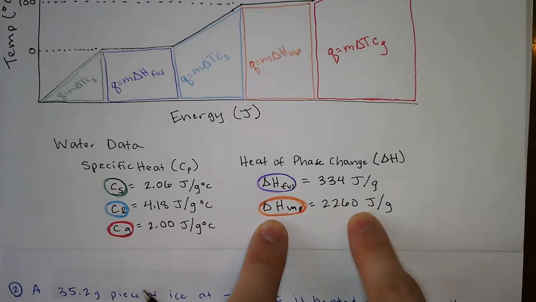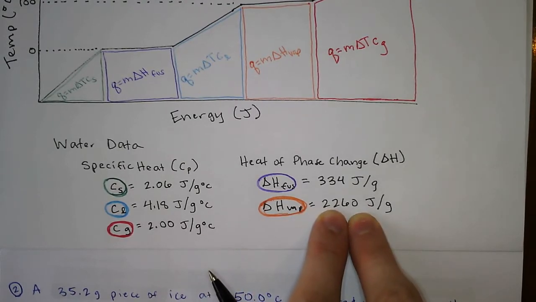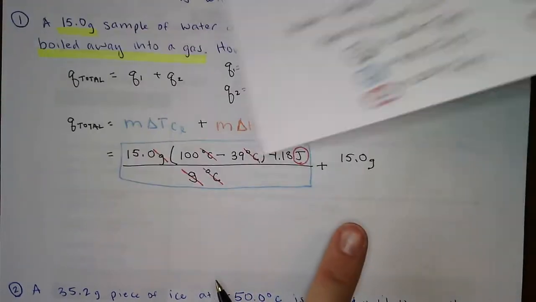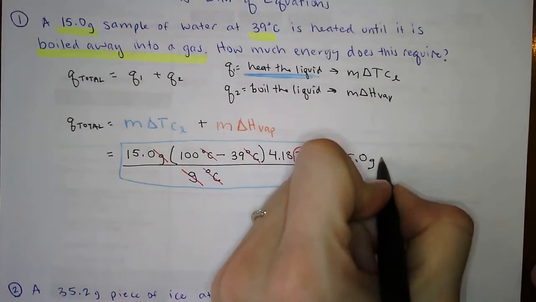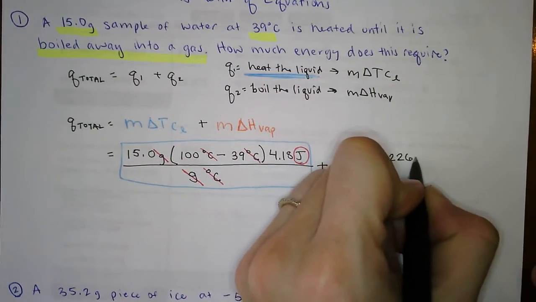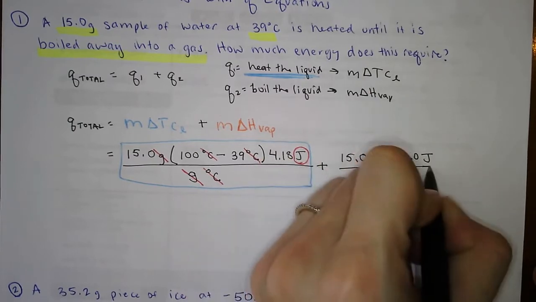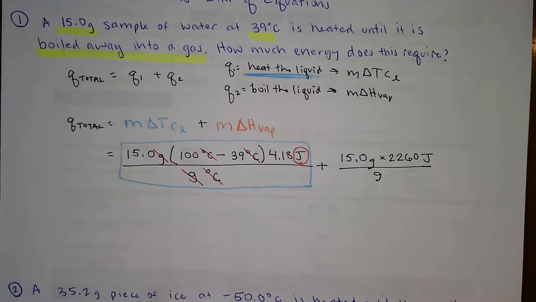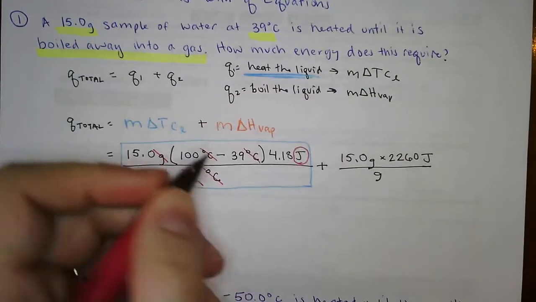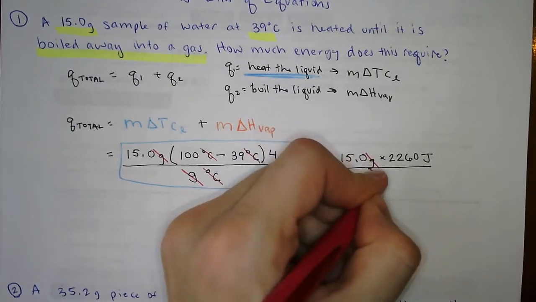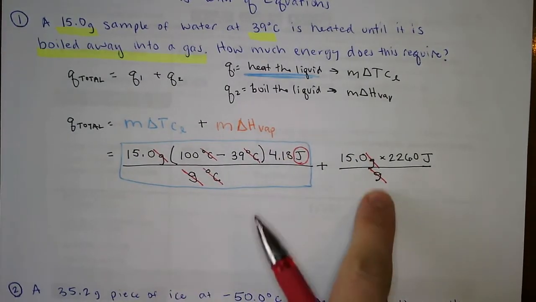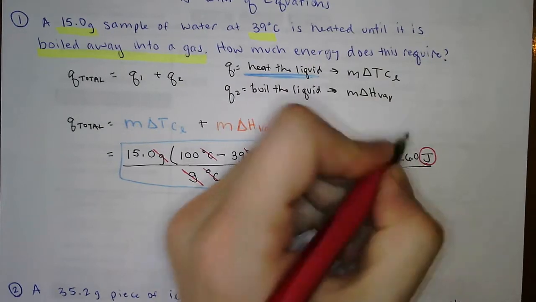So here we go. Delta H vaporization, 2,260 joules per gram. That's a lot of energy. 2,260 joules per gram. No temperature component because, of course, it's a phase change, and temperature remains constant. Grams cancel. Left with joules.